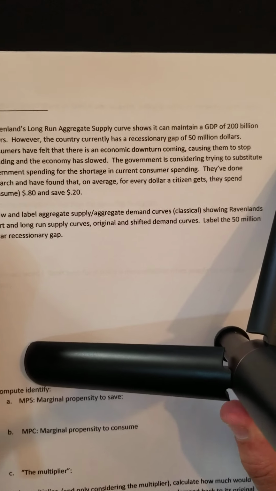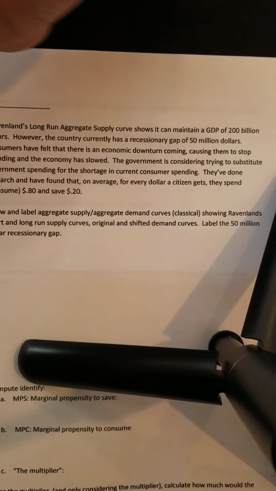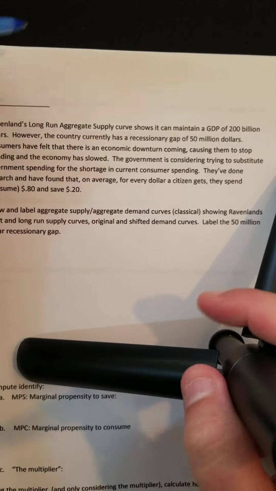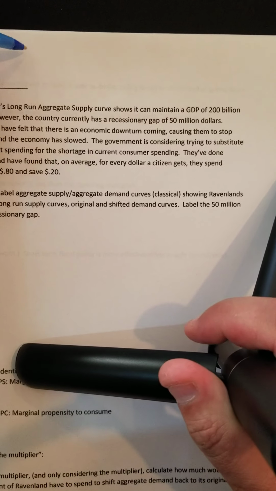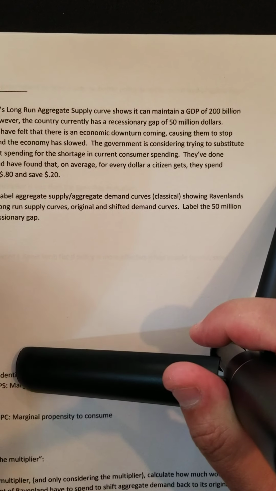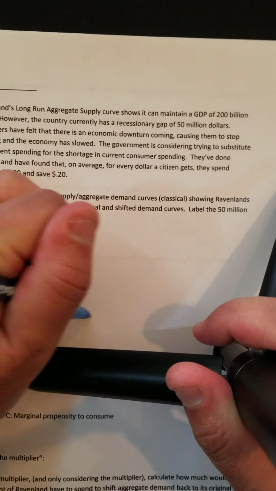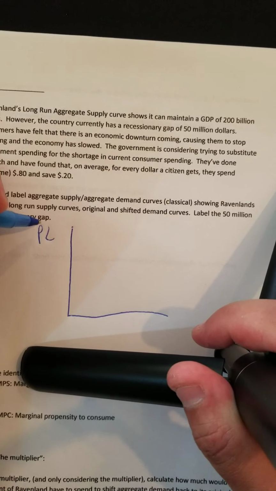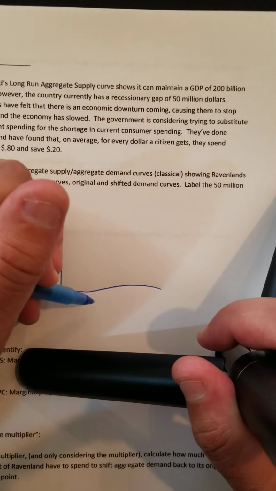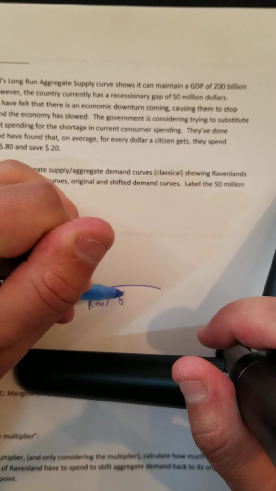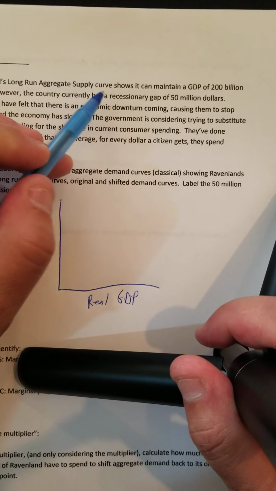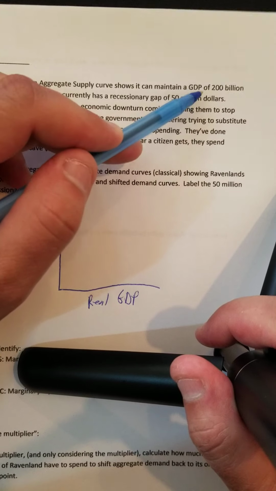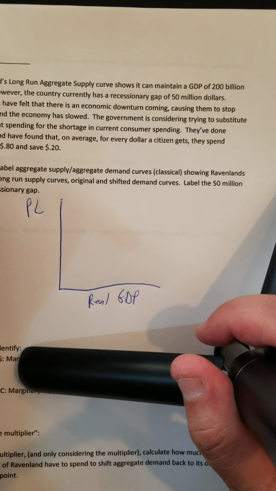Okay, so first off in Ravenland, the first thing we always have to do is interpret what's actually being said. We set this up with our price level and our real GDP. It can maintain a GDP of $200 billion.